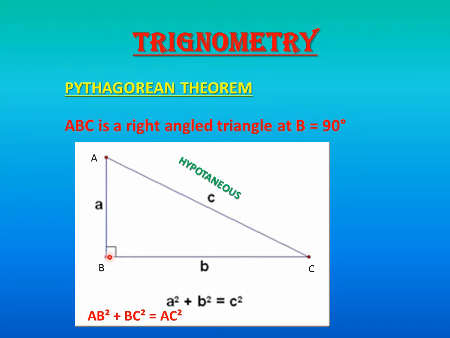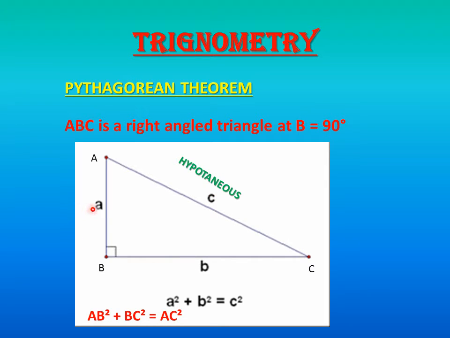So if B is 90 degrees, the side opposite to this angle is known as the hypotenuse. If the length AB is equal to small a, the length BC is equal to small b, and the length of side AC is c, that is the hypotenuse, then what do we get?